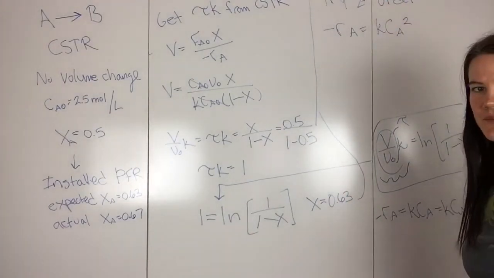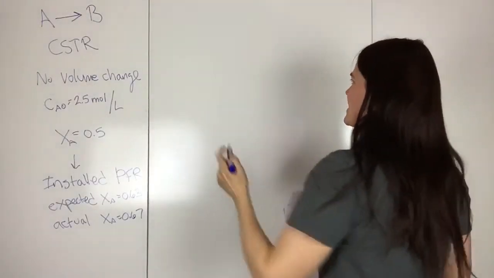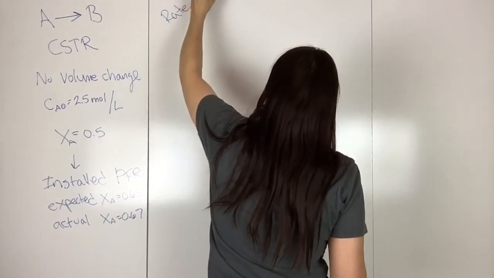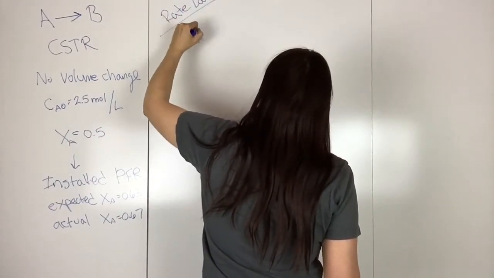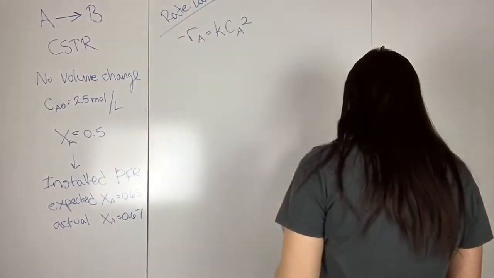I'm just going to erase some things real quick so I have room. All right, so we're trying a second order rate law. Our rate law looks like this: minus RA is equal to K CA squared.